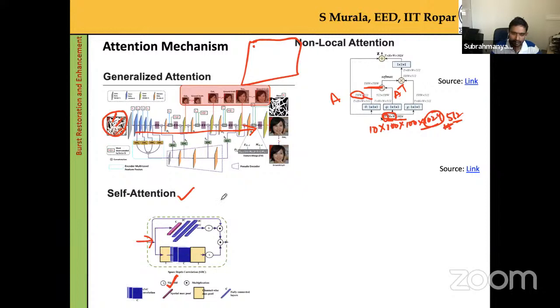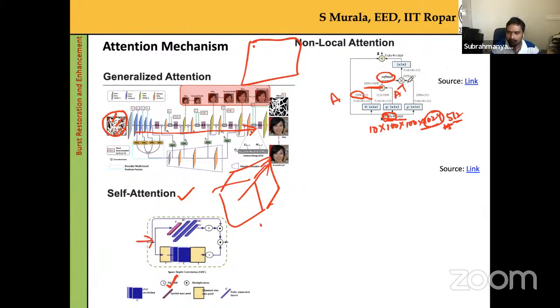Even if I'm having an image like this with a different number of channels, instead of average calculation it collects the probability in all directions, and whichever probability is the largest value, generally probability is between 0 and 1. So softmax output is between 0 and 1. If it is 1, probability equal to 1, it means more useful, important information, that location is more useful. You need to collect 100% information from there. Like that, you have to work it out.